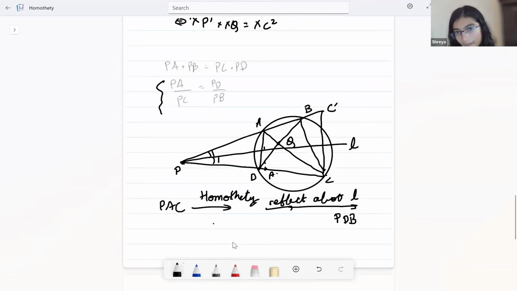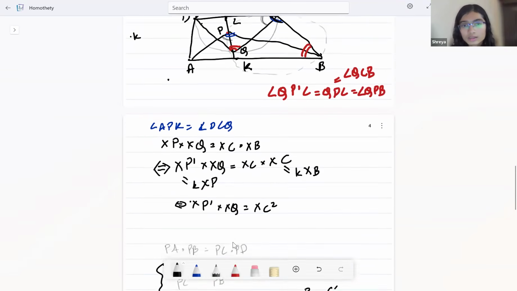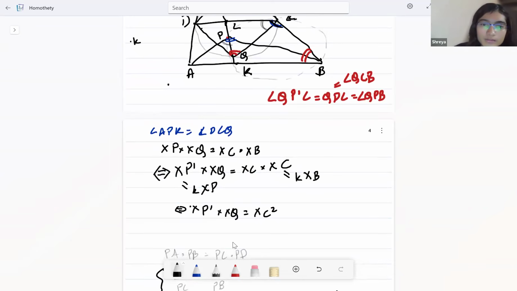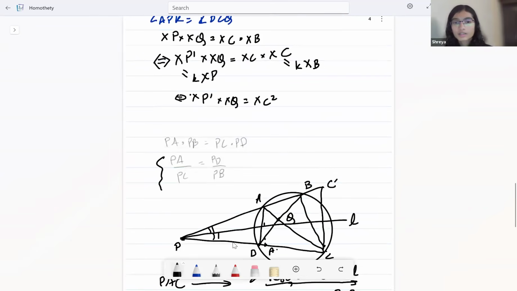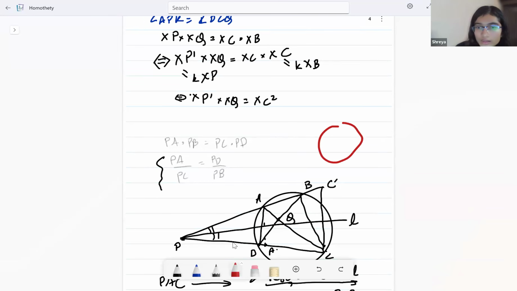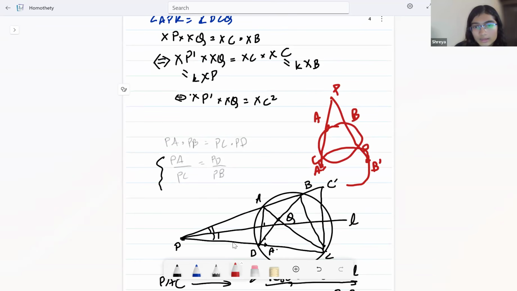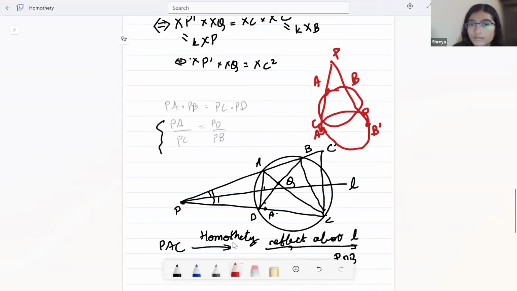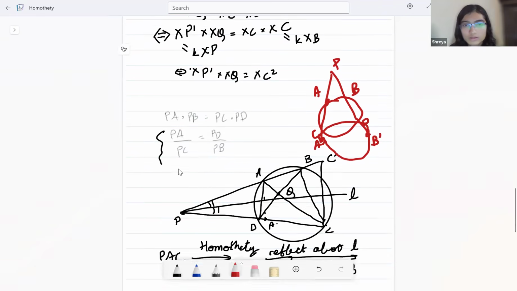What we used in this problem, the idea behind the power of point argument, was that if you take a circle with points A, B, C, D, and you take a homothety at P and look at the images of A and B, A prime and B prime, then these 4 points will also be cyclic, which is what we used in this problem.